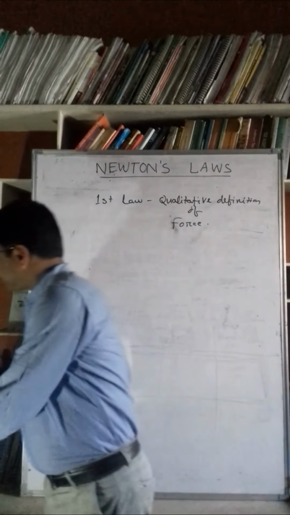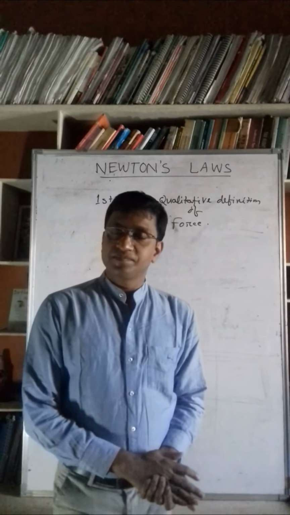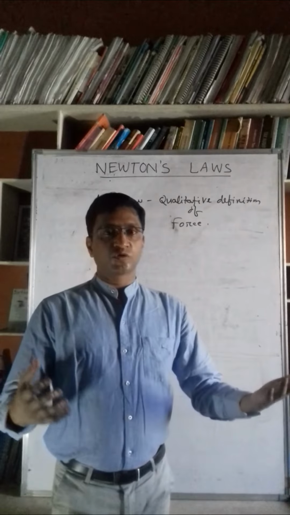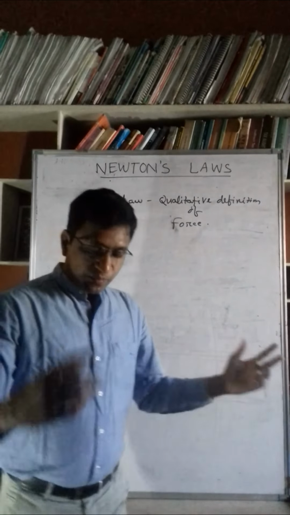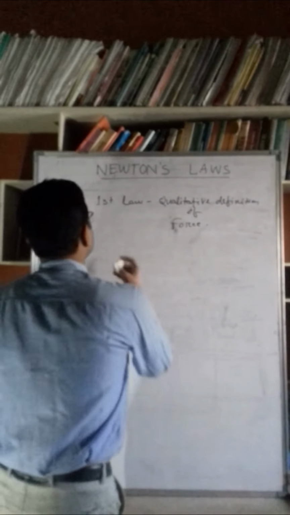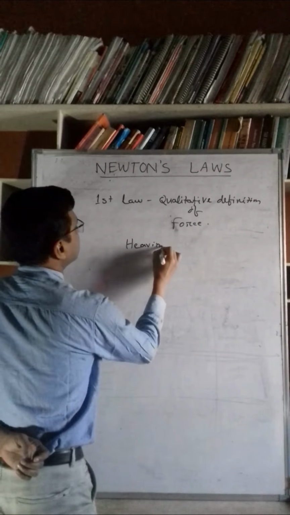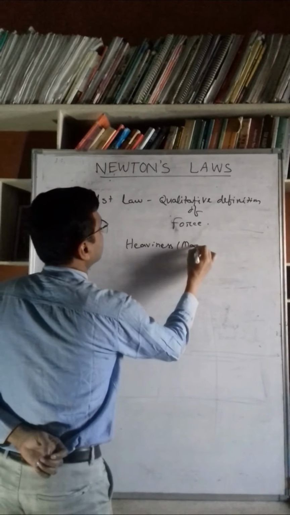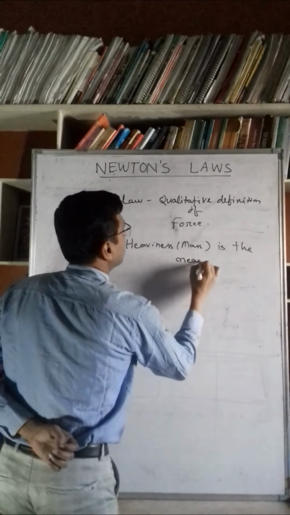That means the heavier the object, the more its inertia. We require more force to move a heavier object than a lighter object. So we have to remember that heaviness, or we can say mass, is the measure of inertia.